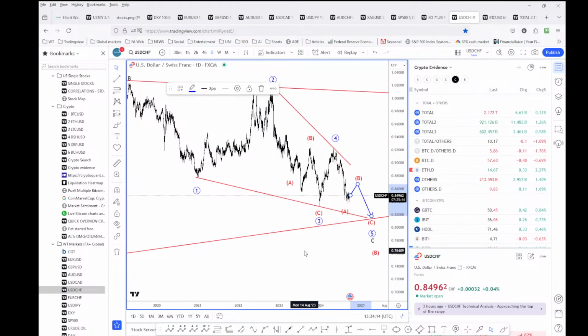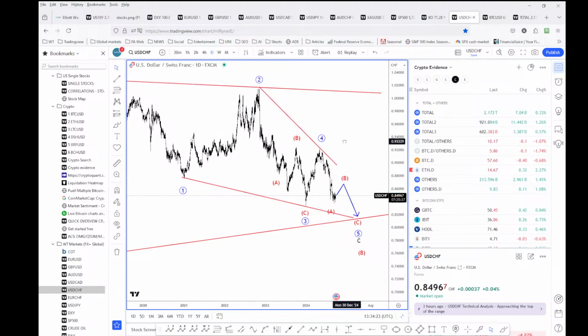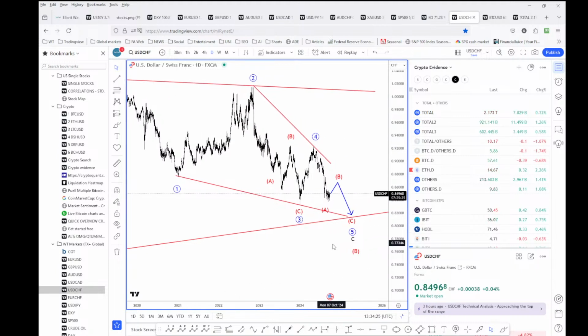That's why earlier I checked Aussie Swiss instead, because it has obviously different dynamics. But Swiss franc in general could strengthen versus US dollar, but maybe not versus other currencies, because this pair is mostly moving to the downside because of the weak dollar.